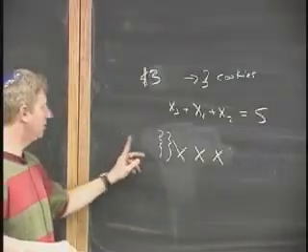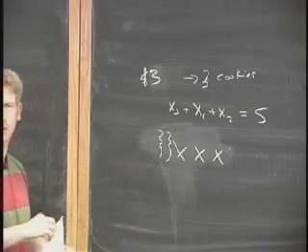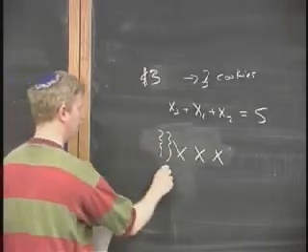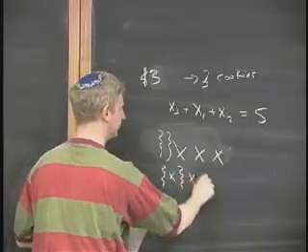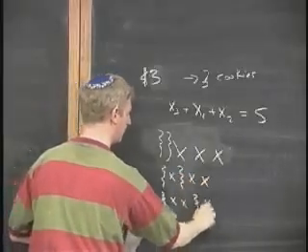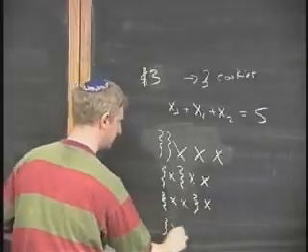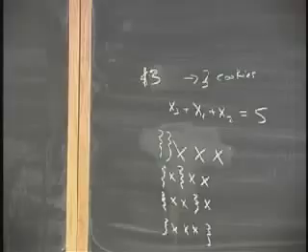That means 0, 0, 3. Here's the next way. Here's the next way. Here's the next way. Those are 4 ways. There's more. Let's write a few more down.